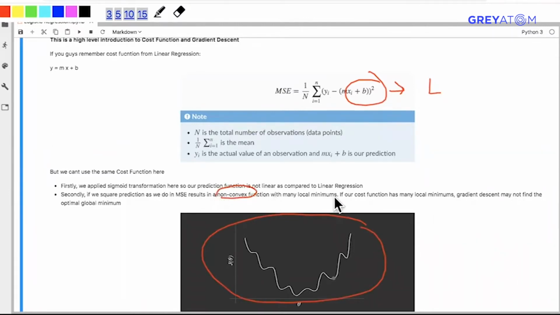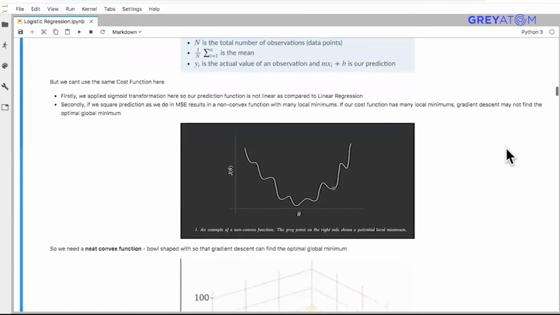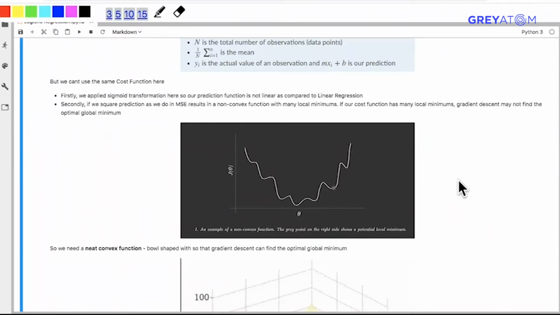Let me discuss what exactly a non-convex function is, and why we don't want that. A non-convex function has a lot of local minimums. Are you seeing this point here? This could be a minimum, this could also be a minimum, and this, and this.